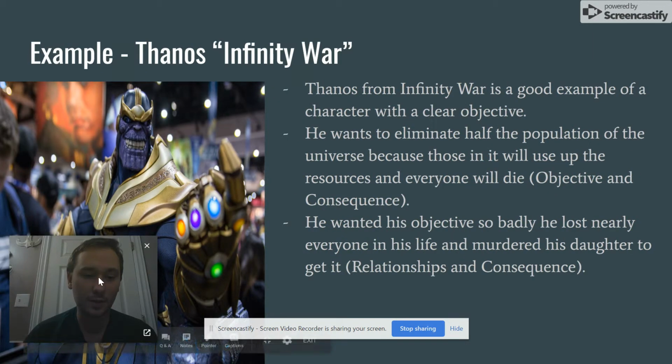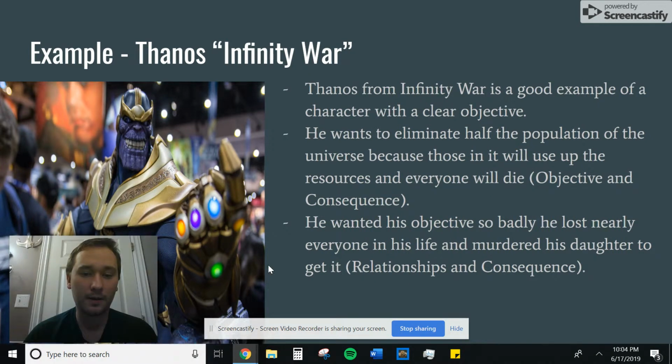Okay, speaking of Thanos, Thanos from Infinity War is a good example of a character with a very clear objective. He wants to eliminate half the population of the universe because those in it will use up the resources and everyone will die. Objective and consequence.